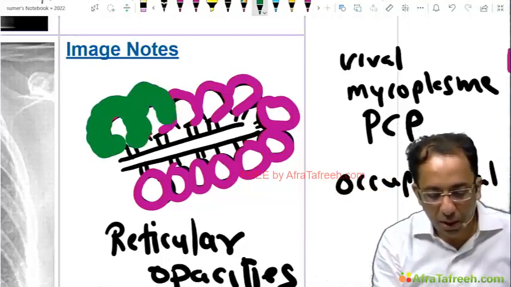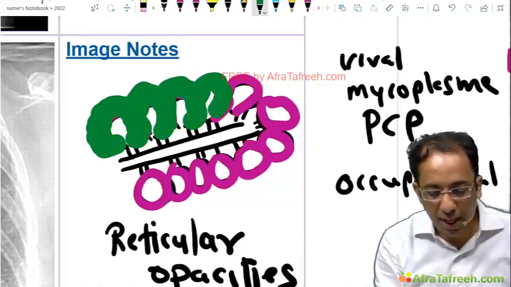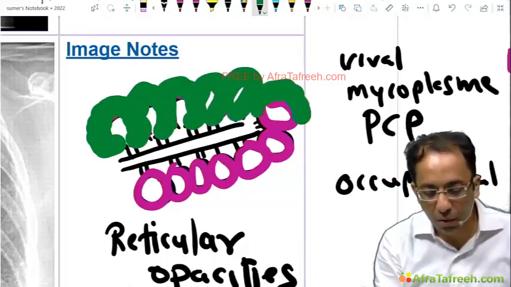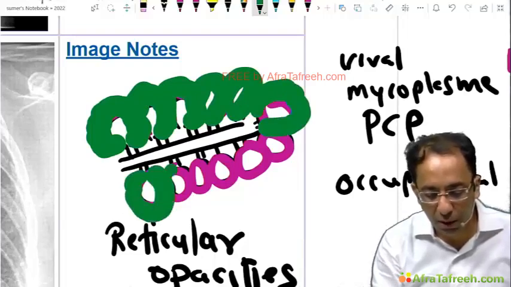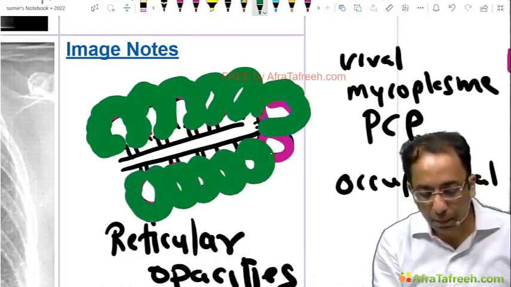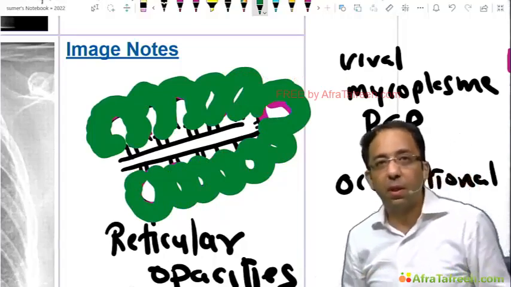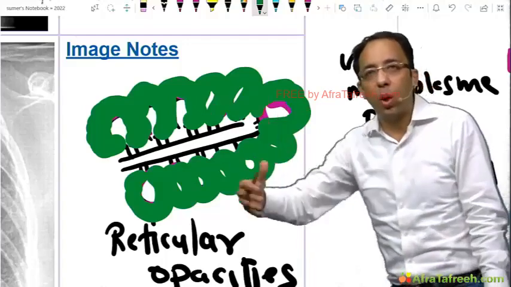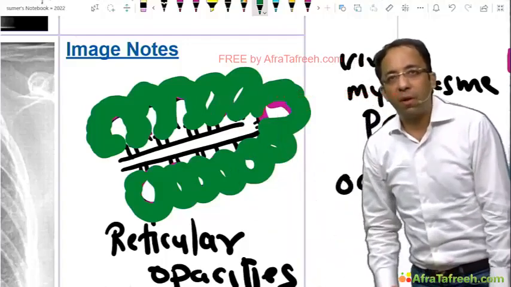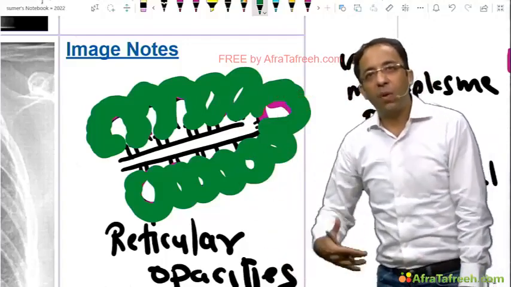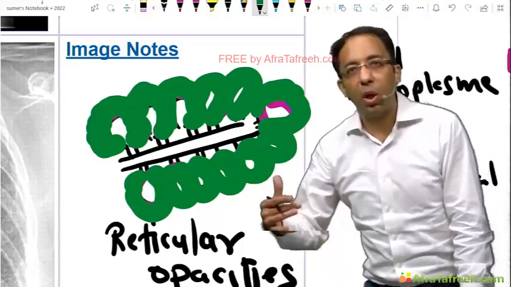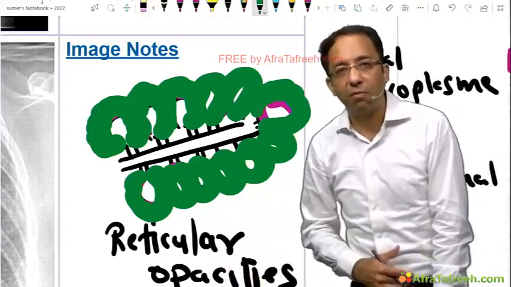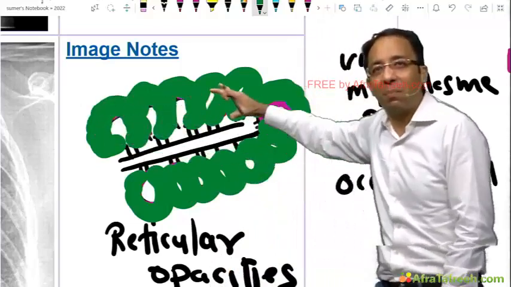So there will be thickening, fibrosis, the air space will become smaller, the interstitial wall will become thickened. What happens if you have repeated exposure to the cause of this inflammation? It will become chronic. And when the inflammation becomes chronic, you develop fibrosis, thickening.